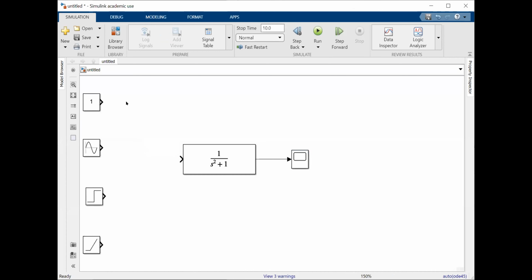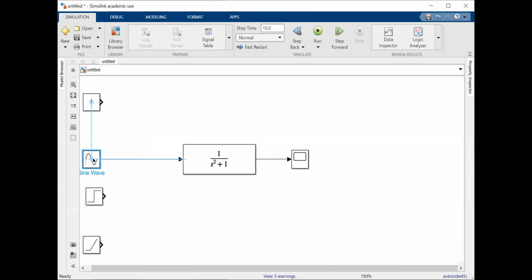So rather than supplying it with a constant input, I'm going to supply that with a sinusoidal input. It's a sine wave. Double click on the sine wave. When you double click on the sine wave, the block parameter should open. Okay, let me see the messages.